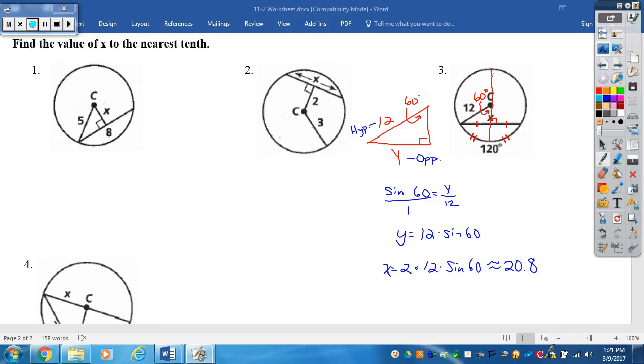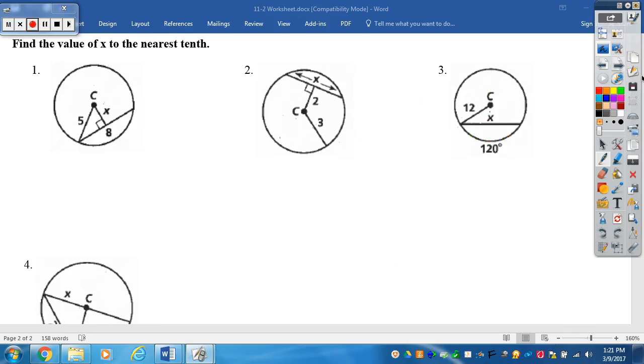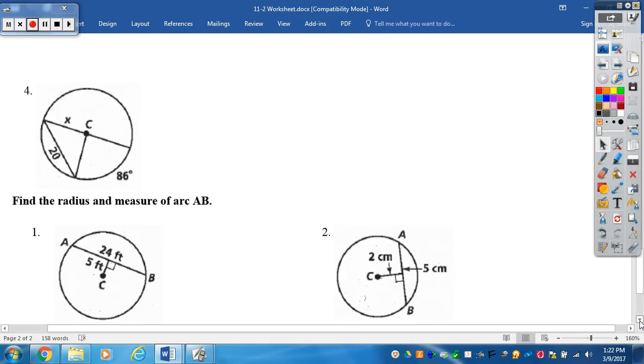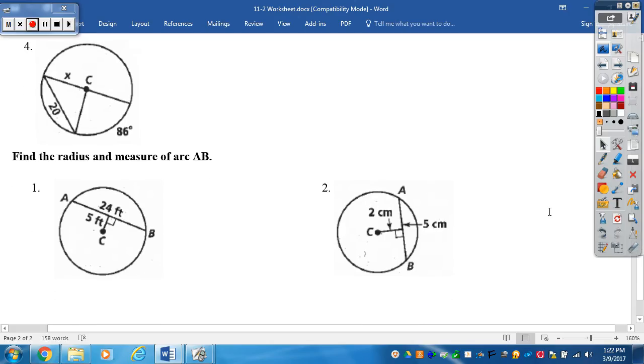All right, so on to the last problem, okay? So those first three, we're just understanding that the diameter being perpendicular to the chord bisects the chord and its arcs, okay?